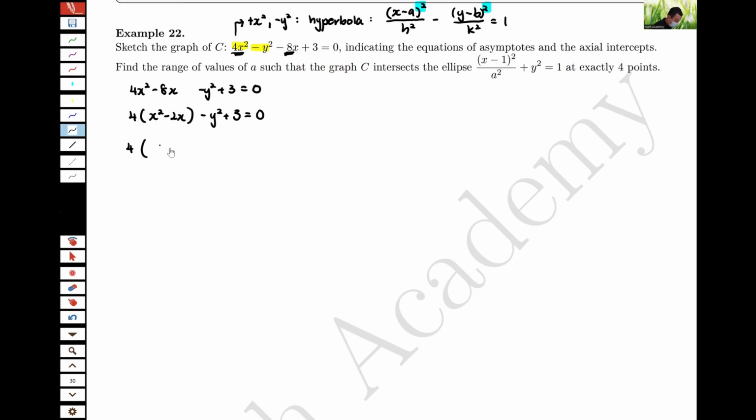Let's complete the square. And I get it expanded. My constants, I'm going to move to the right hand side.